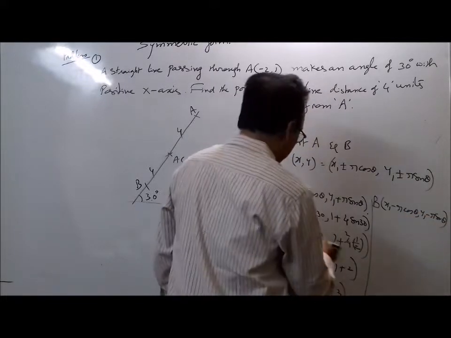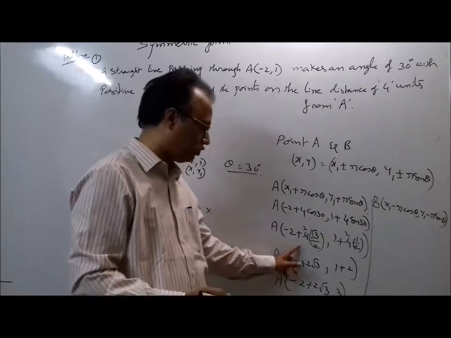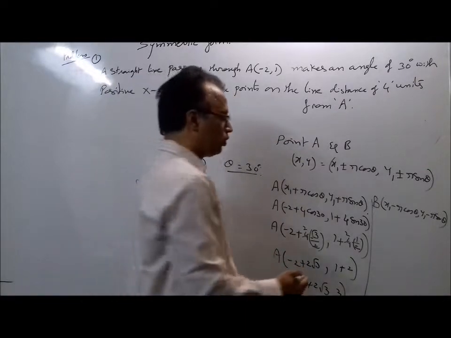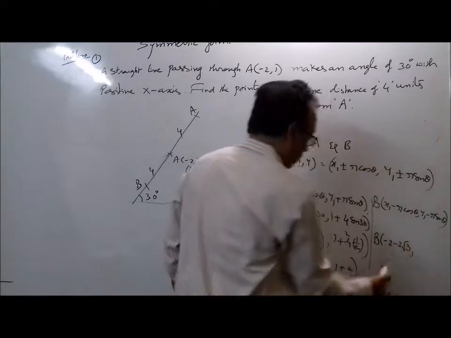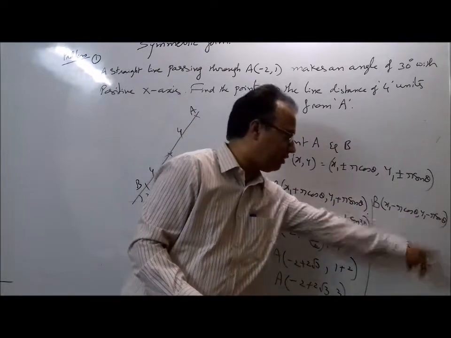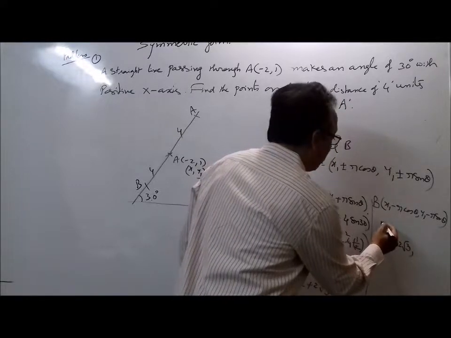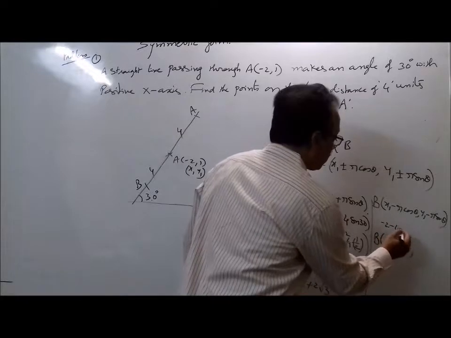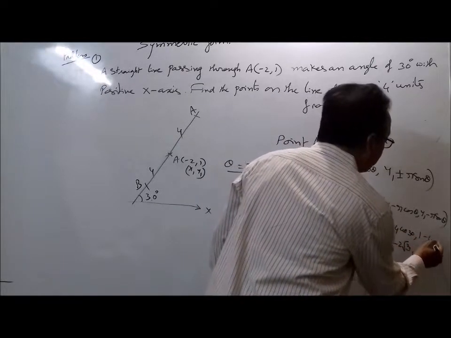That is minus 2 minus 4 cos 30, which gives minus 2 root 3, and 1 minus 4 sin 30, that is y1 minus 4 sin 30.